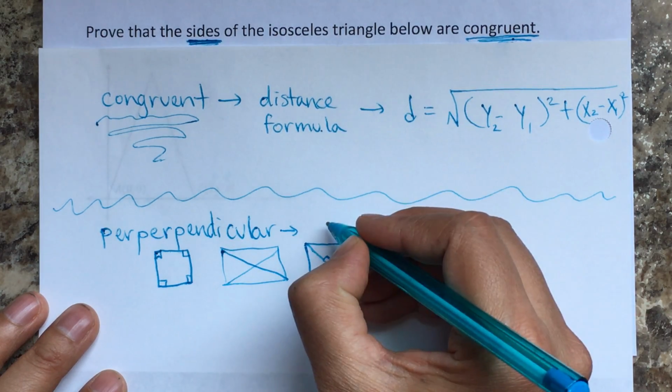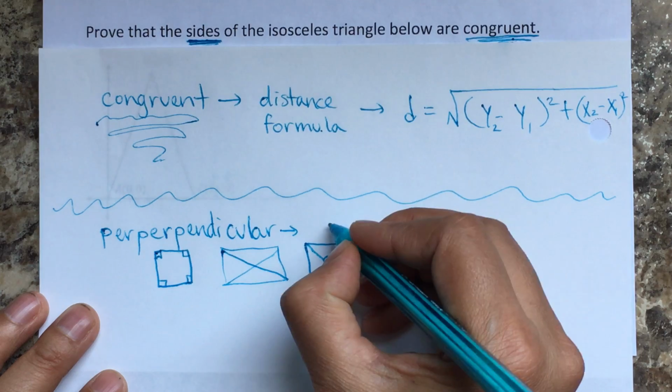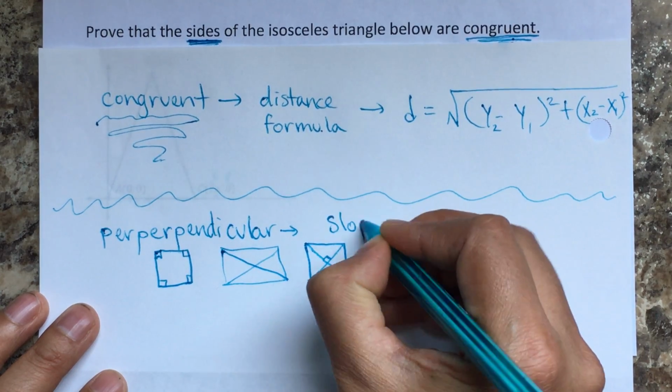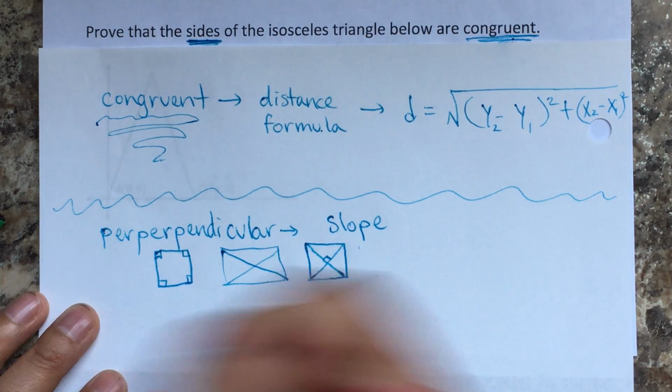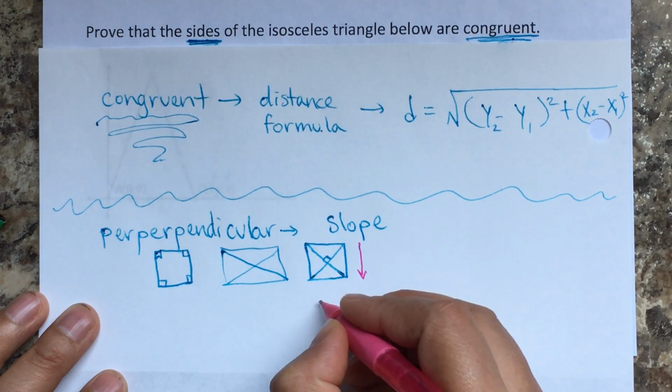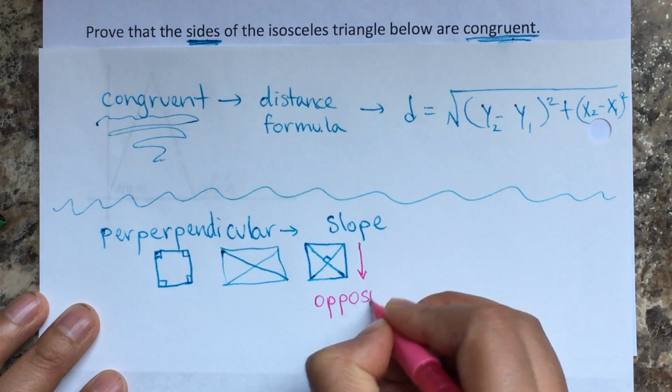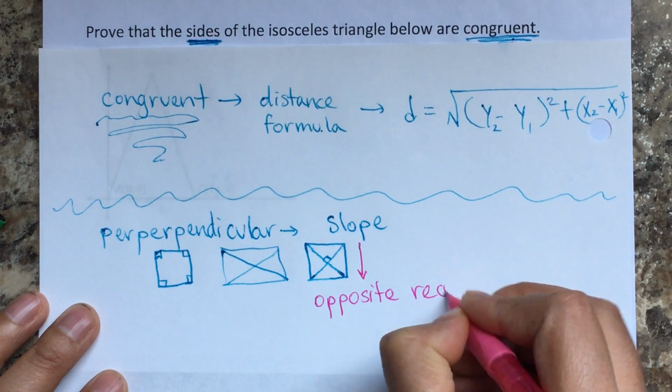For perpendicular, you have to look at the slope. And remember, the slopes have to be opposite reciprocals.